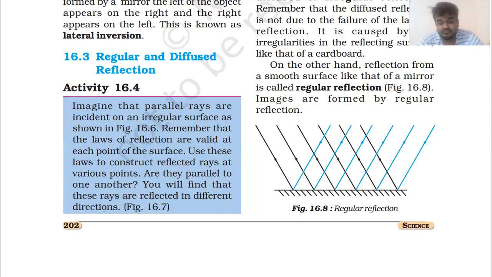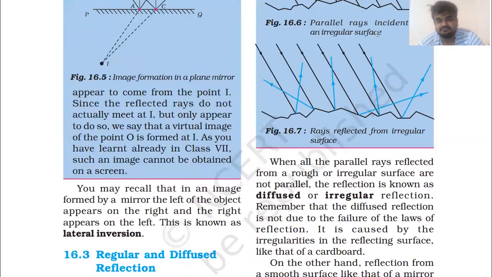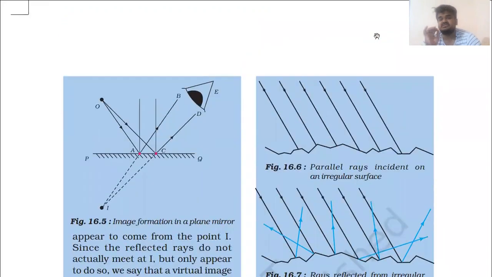If you observe figure 16.6, at the instant when these rays are being incident on the surface, at the point of incidence, this surface is regular only. But the whole surface is irregular.